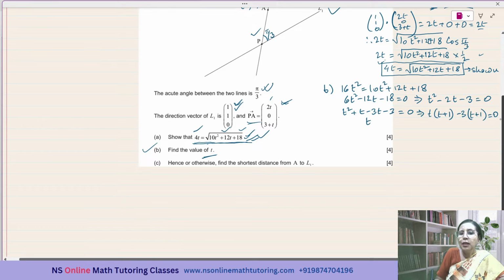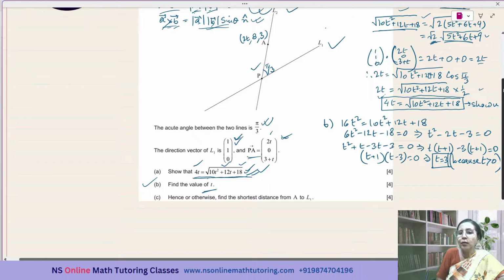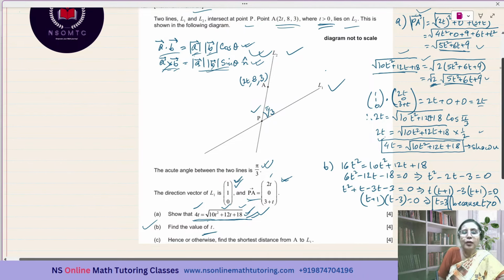So (t plus 1) and (t minus 3) equal to 0 implies t equal to 3, because t is greater than 0. Okay. So this is the answer for subpart B. And so since t is equal to 3, therefore the A coordinates will be 6, 0 and 3.